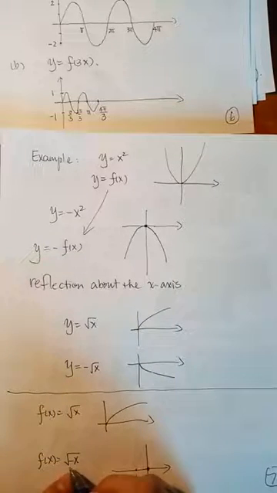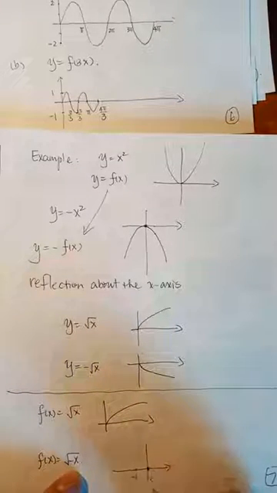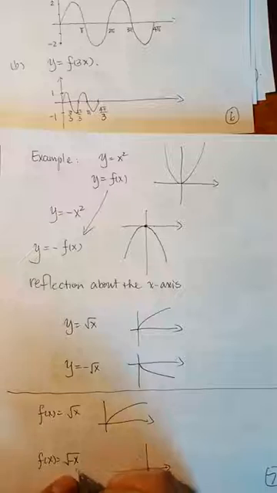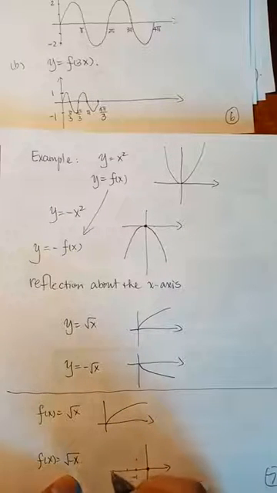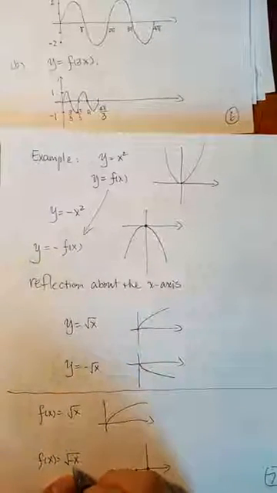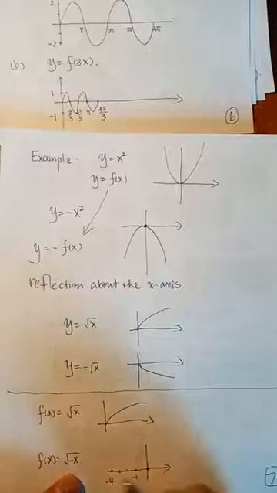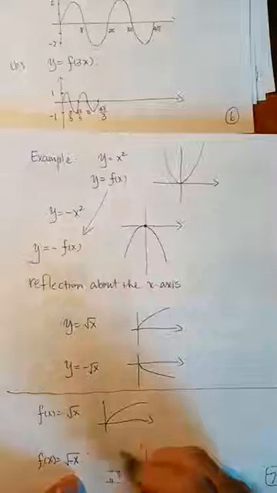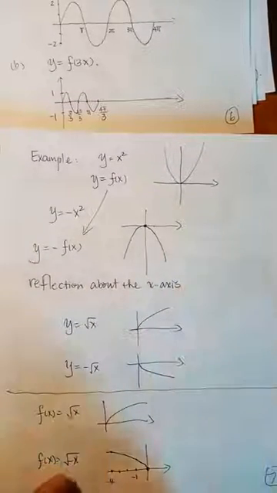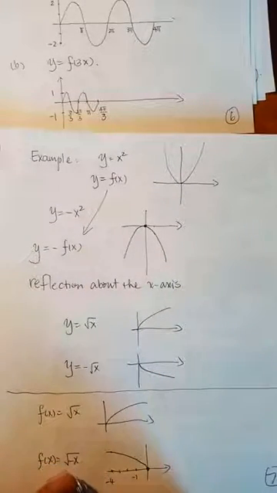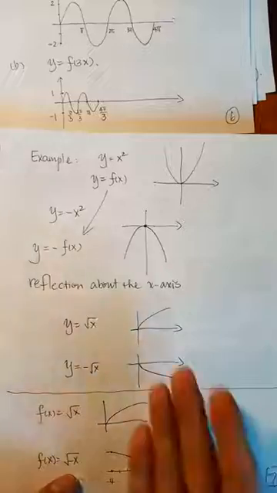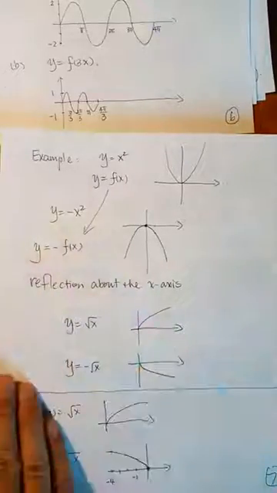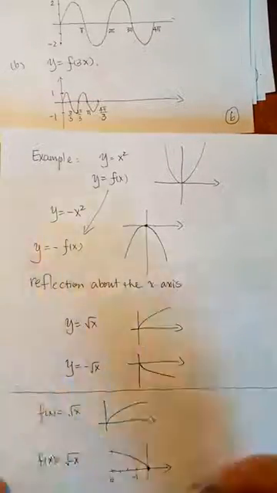Negative x is positive 1, so square root of positive 1 is 1. X is negative 4, negative x is a positive 4, square root of a positive 4 is 2. So it's like this. So when you put a negative sign in front of x directly, you reflect this graph about the y-axis.